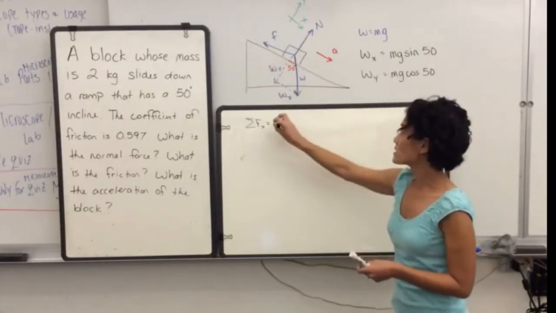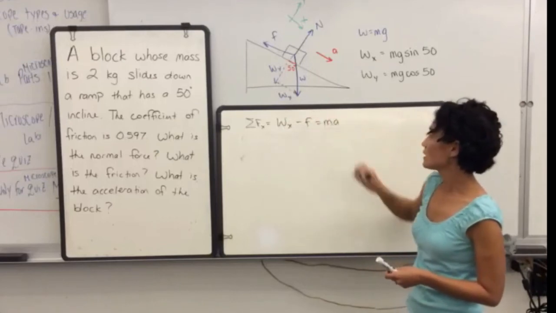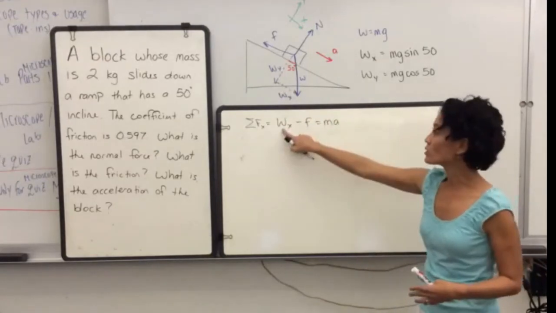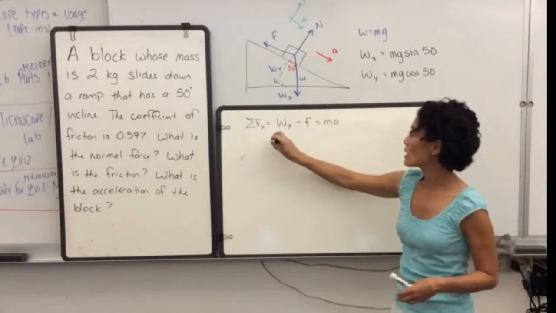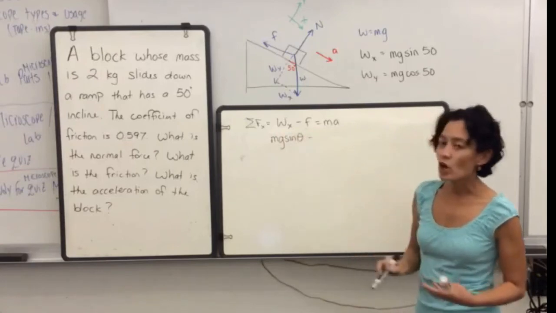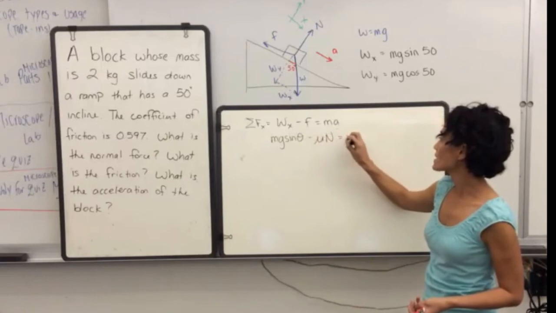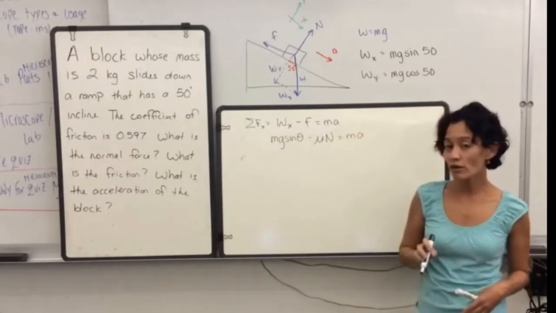And so it's Wx minus friction is equal to ma. But let's put in what we know. I know Wx is just equal to mg sine of theta, and I know my equation for friction is mu times normal force, and that's going to equal ma. So that's my horizontal equation.